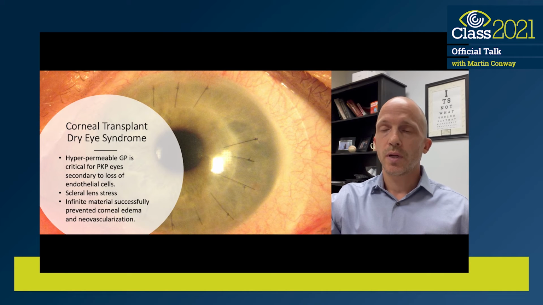And when we put a scleral contact lens on the patient's eye, it's going to create a hypoxic stress. So for this patient, the Infinite material successfully prevented corneal edema and neovascularization, and she's very successful with her scleral contact lenses.